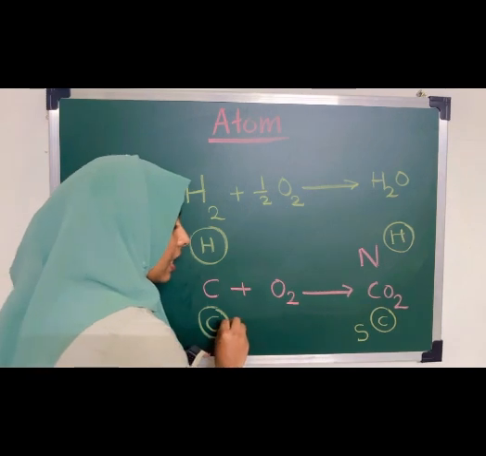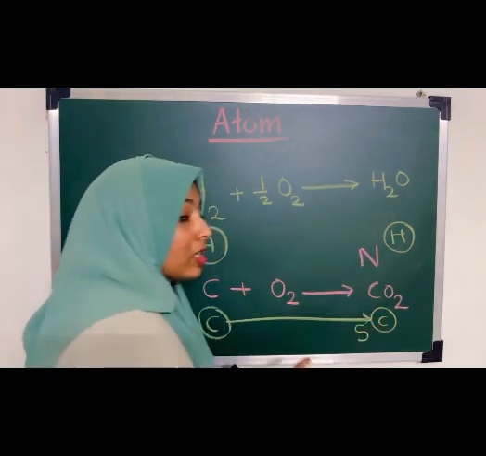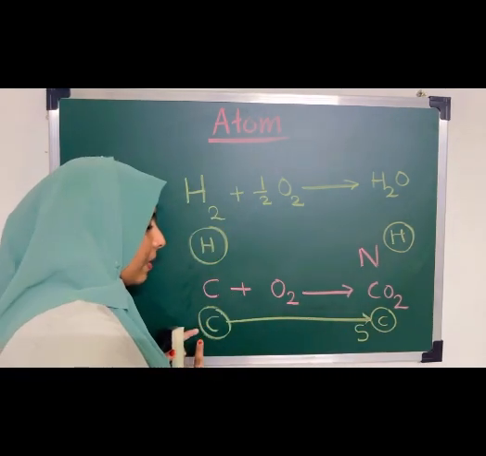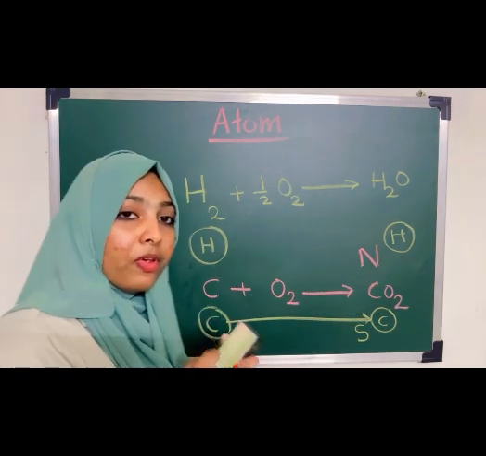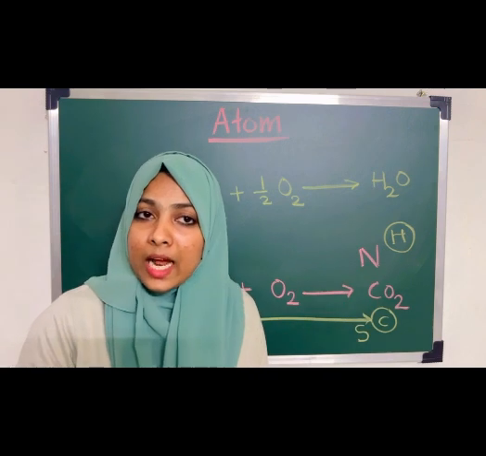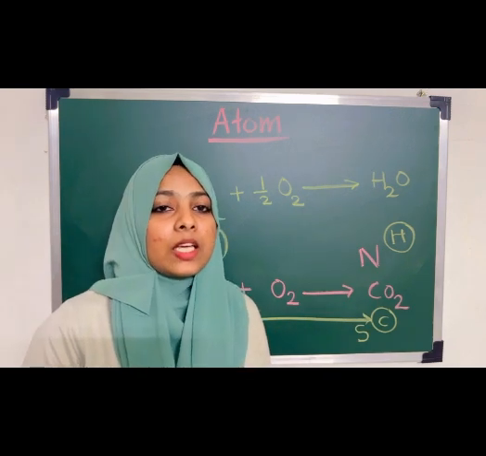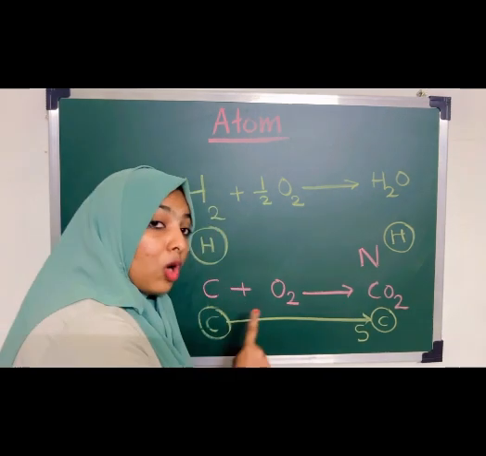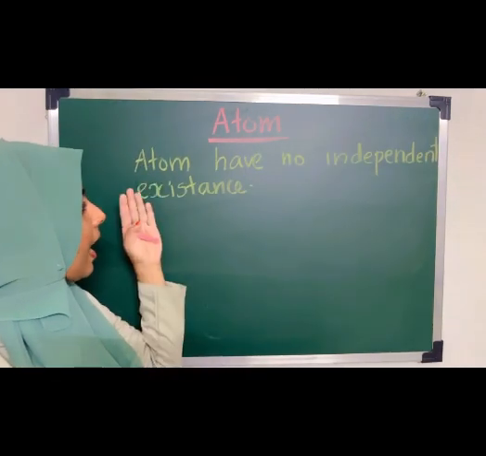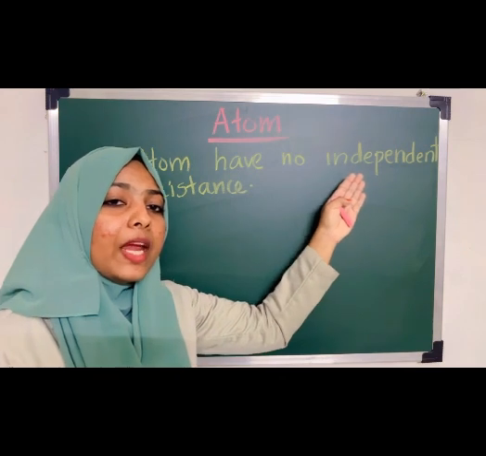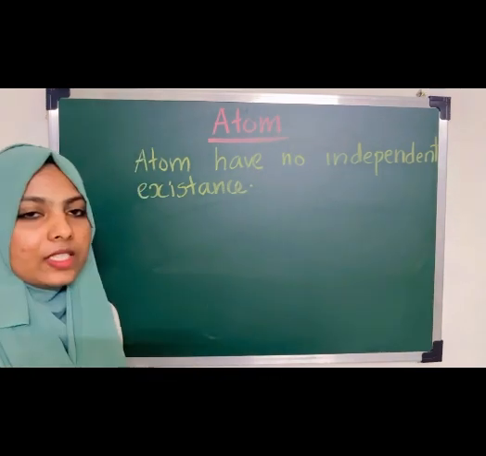That means the carbon identity does not change. So we can say carbon is an atom. If we want to say something is an atom, it should participate in the chemical reaction and it does not lose its identity.